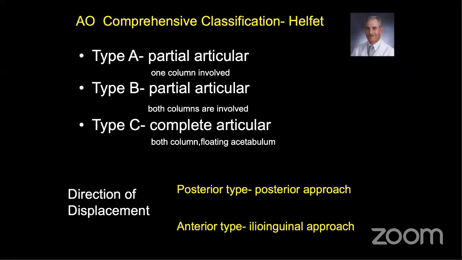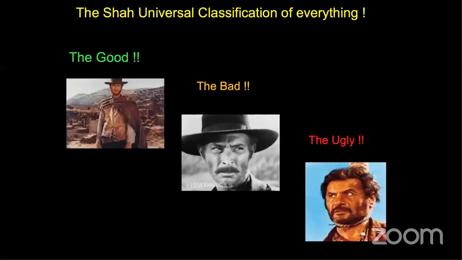I don't really find this classification very useful to plan treatment. The main use for these classifications is to determine the direction of displacement of the main fragment, because that is going to guide your approach. If most of the fracture is displaced posteriorly, you're going to use a posterior approach. And if it's displaced anteriorly, then you're going to go in from the anterior side.